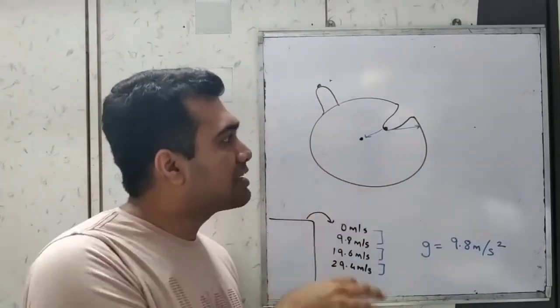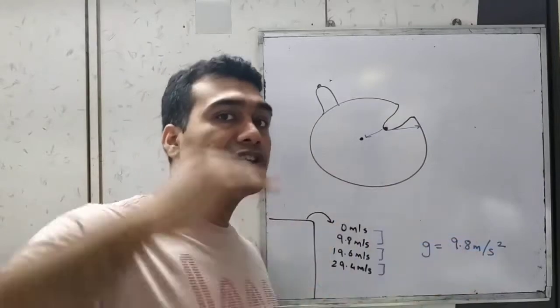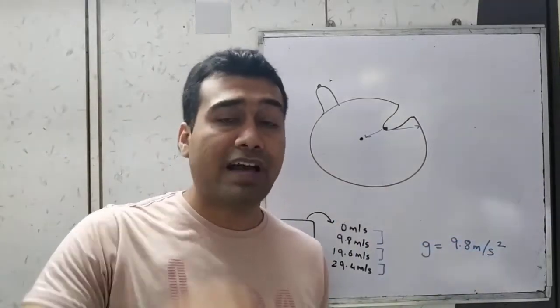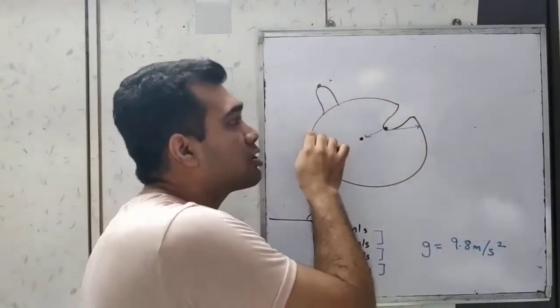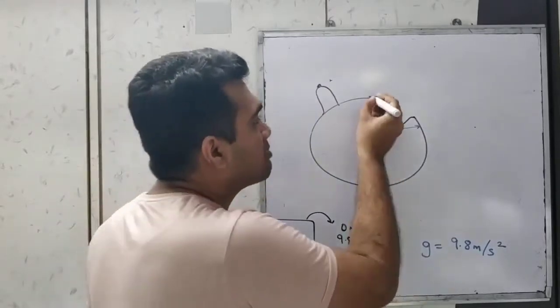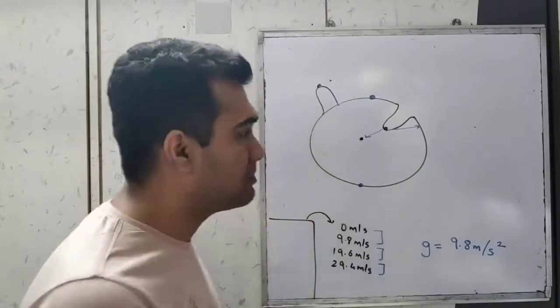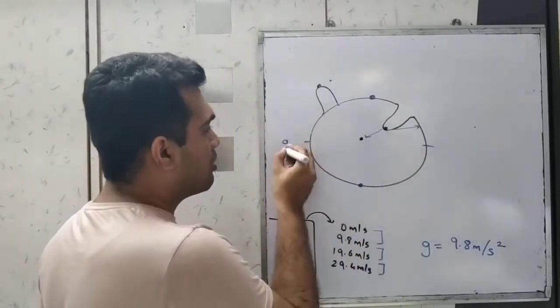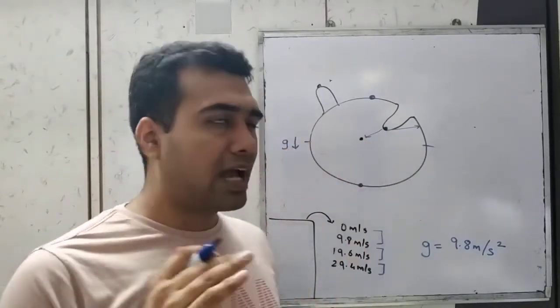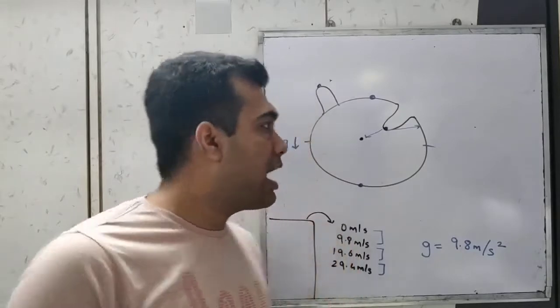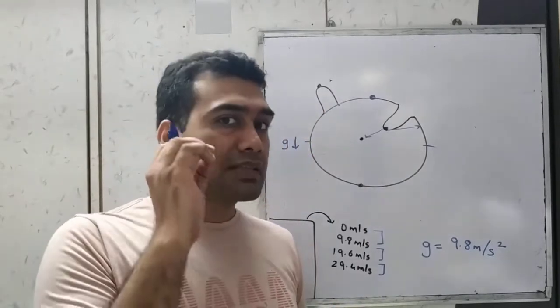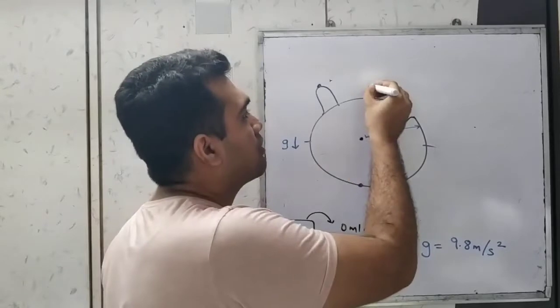So the net effect is that the value of G decreases as the altitude increases as well as the depth increases. So the value of G is maximum at the surface of Earth, and that too, it is maximum at the poles, because you see Earth is bulging at the equator. So at the equator, the value of G is a little less, say 9.78.